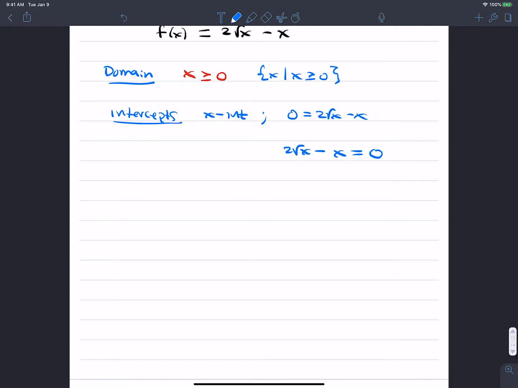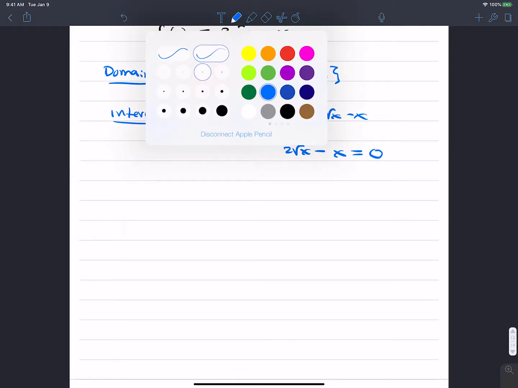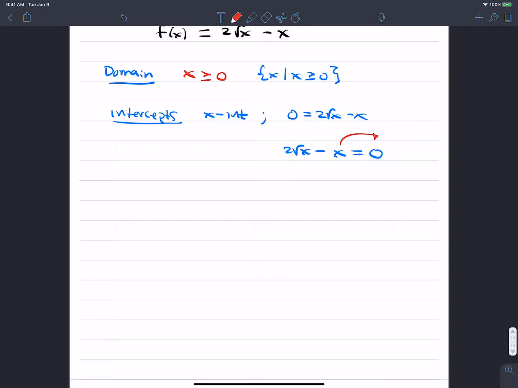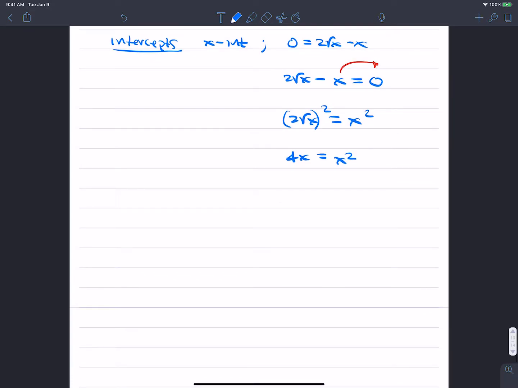Now, there's a couple of ways to do this. If this was intermediate algebra, right? Give this to your intermediate algebra younger brothers and sisters. And at that point, they would say things like this to you. They would say, now, if you translate the x, you just do what? Square both sides. And you get 4x on the left is x squared. You get a nice quadratic.